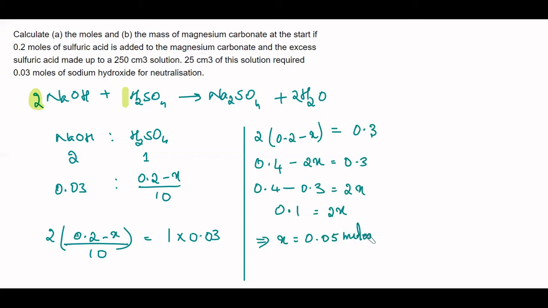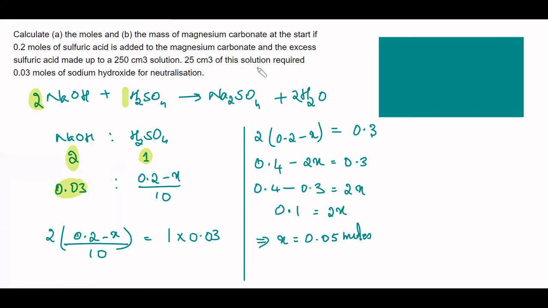I'll show you how. If you could analyze the ratio, it goes as 2 NaOH requires 1 sulfuric acid and we have used 0.03. The question is clearly stating it. 0.03 would consume only the corresponding quantity. So as per prediction, if 0.03 is there, how much are we supposed to get here? 2 NaOH gives 1 sulfuric acid.